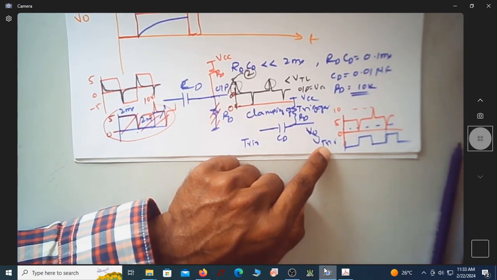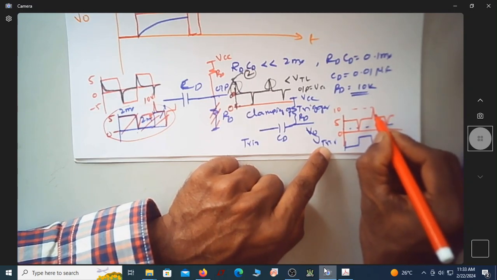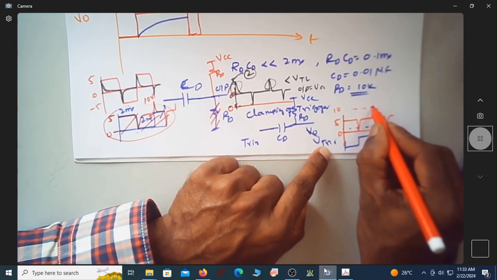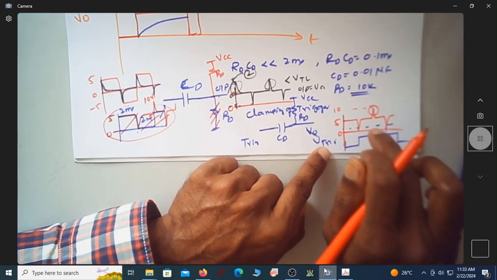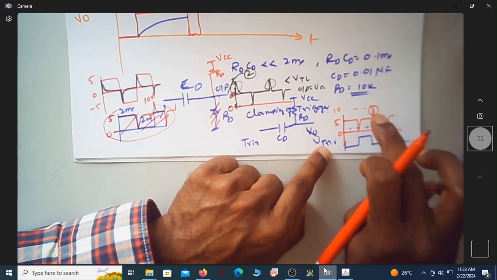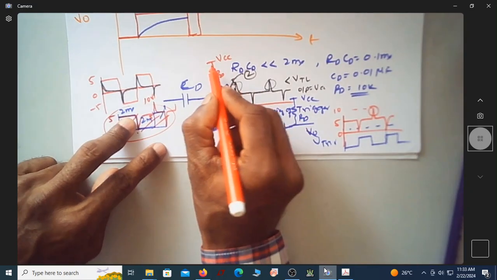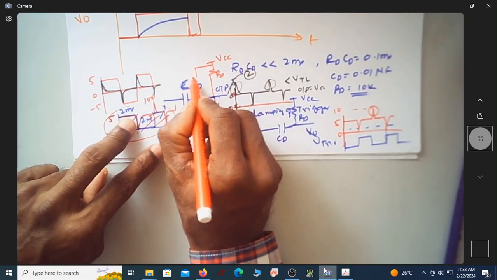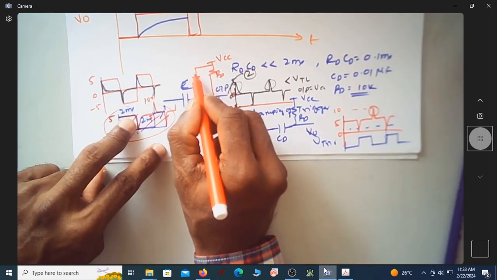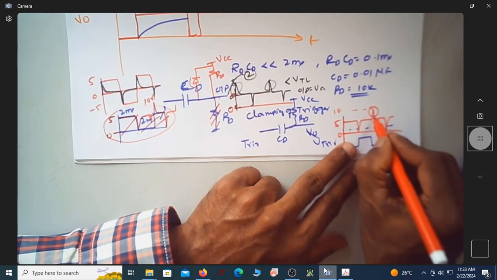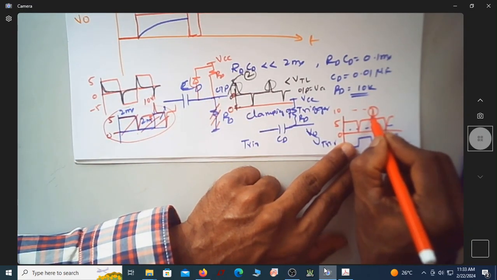So I have to somehow curtail this. This should not be going up to 10 volts. How do I make sure that it is not going above that? You put a diode here. If I put a diode in this direction, this will restrict the voltage above 5 to only 0.7.